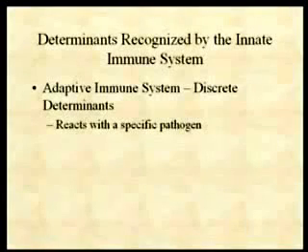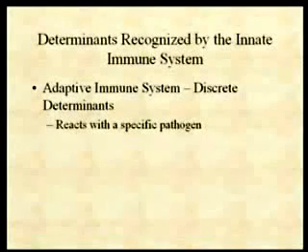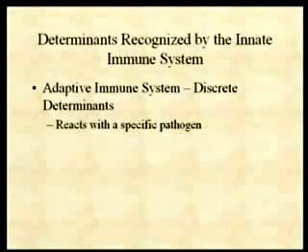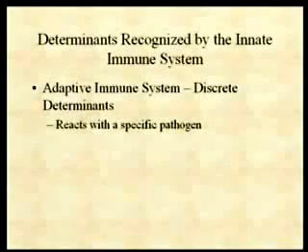So when we get infected with an E. coli, we make a response against determinants that are specific for E. coli. They may react with a couple of closely related bacteria, but they're certainly not going to react with, say, a strep or something like that, a more distantly related bacteria. They're very discrete, and they're very pathogen specific.